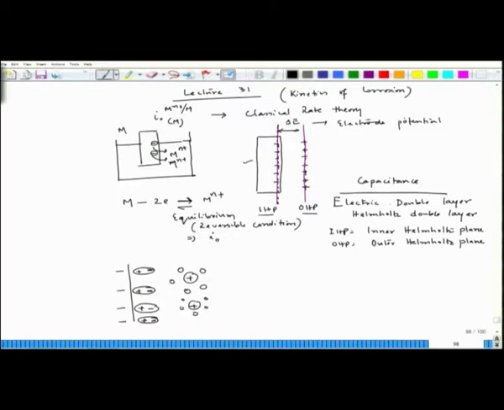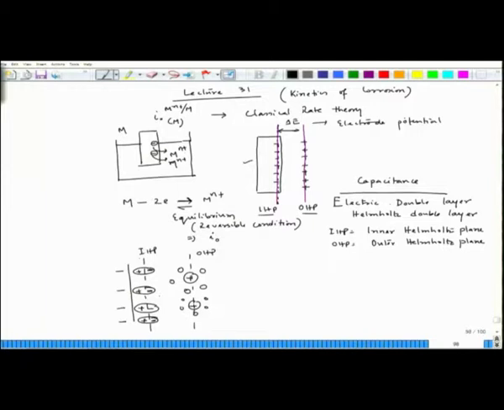Now, the center of the water molecules which are in close proximity to the charged metal surface, and the center of the positive solvated ions in close vicinity to those water molecules, that becomes my OHP, and this is my IHP.